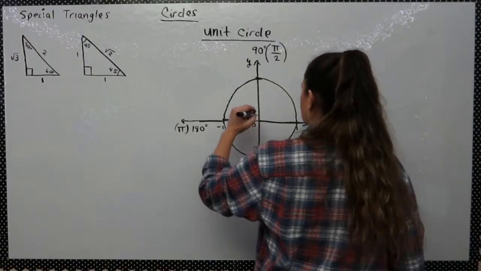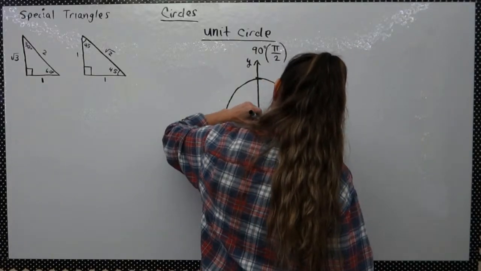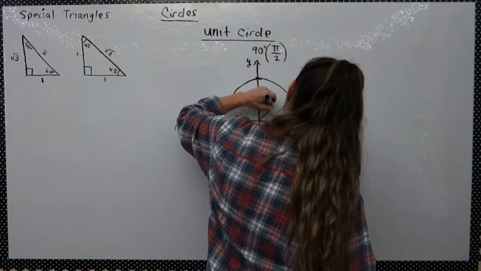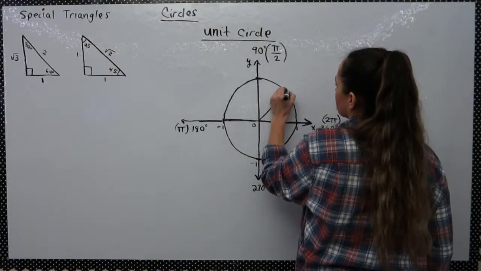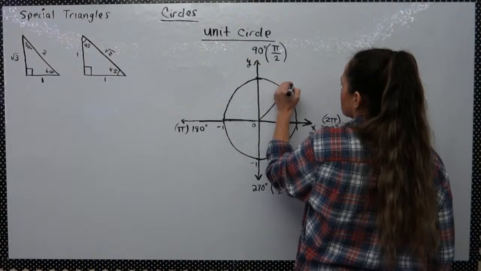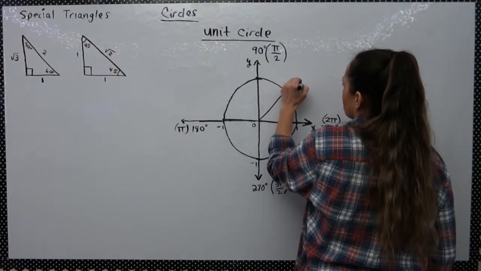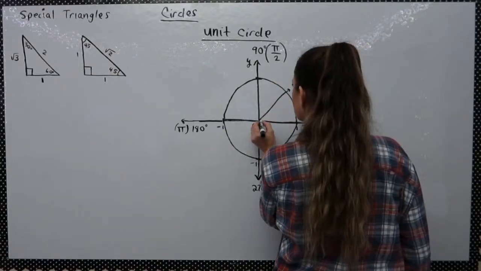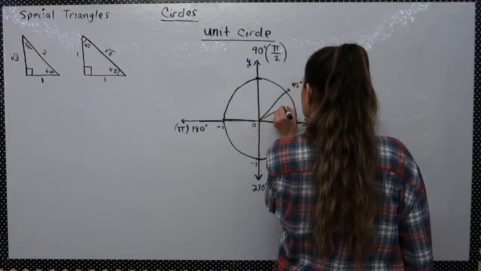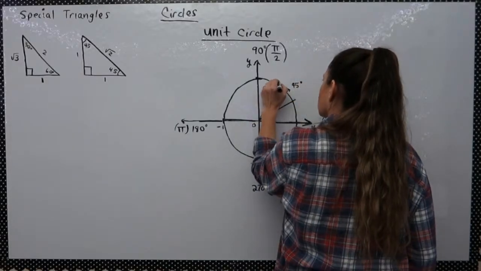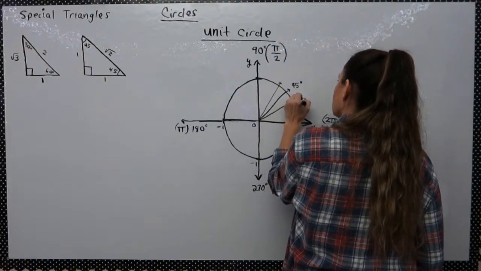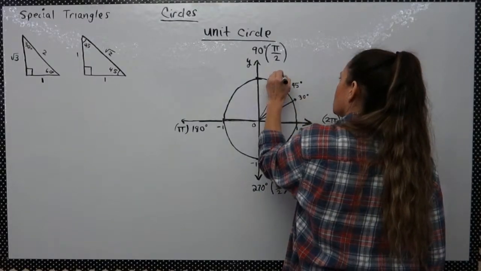So if I cut this in half right here, that looks like about a 45-degree angle. So we'll just say that 45 degrees is here. And then I'll try to do 15 less here and 15 more here. And that's going to give me my 30 and my 60.